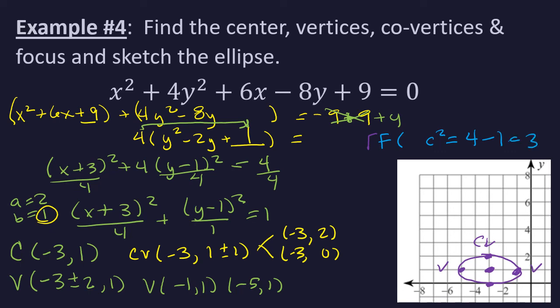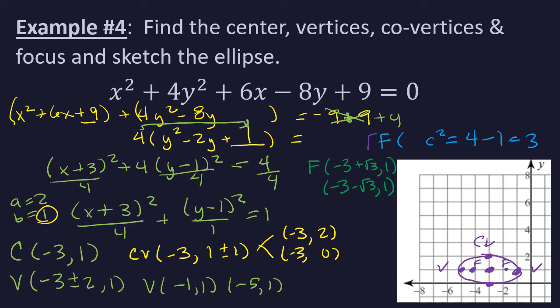So for my foci, you're going to take your major axis, which is -3, and then add the square root of 3 and keep y the same, 1. And then you have -3, and you're going to subtract the square root of 3, and the y value stays 1. So really your foci are just going to be right here and right here.